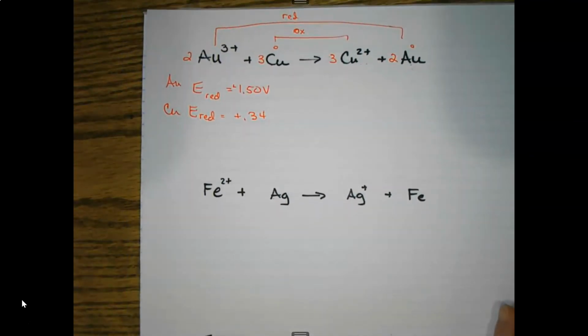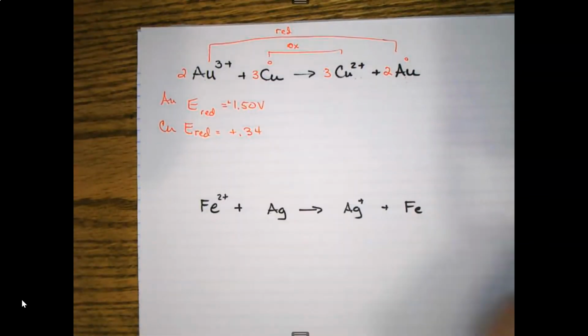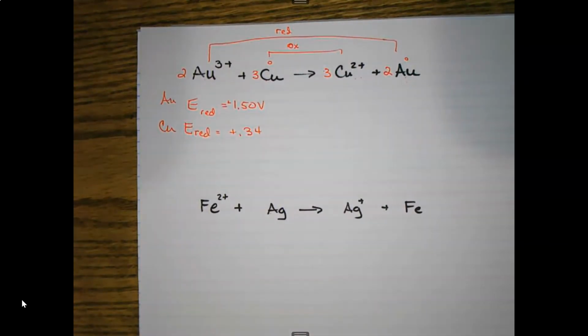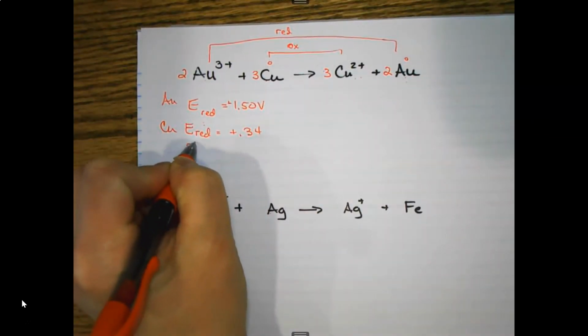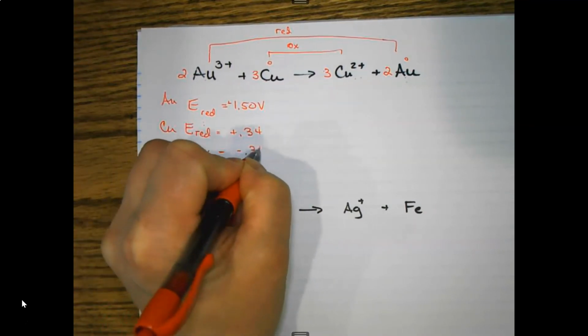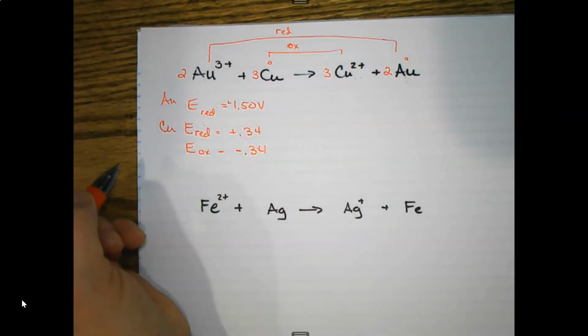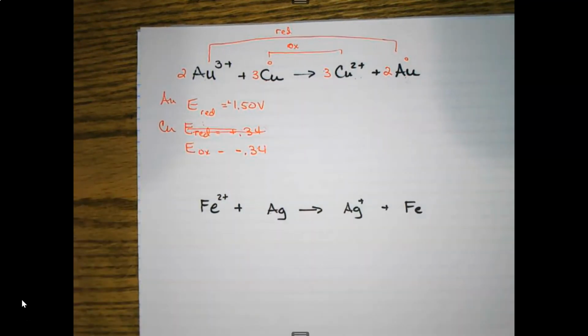But one of these has to undergo oxidation. And like I said, we can see that the copper is what's undergoing oxidation. So what I need to do is change this to the oxidation voltage, which is negative 0.34. Okay, so this is kind of irrelevant now.